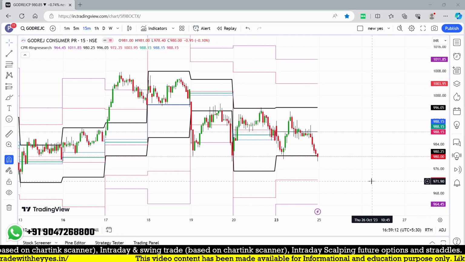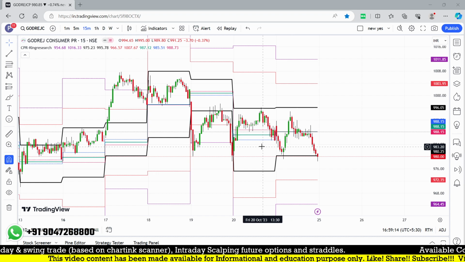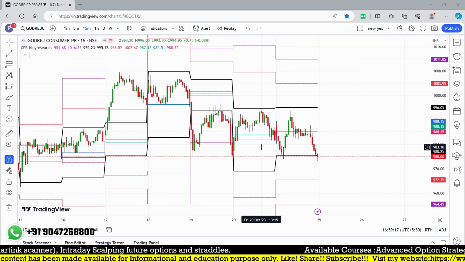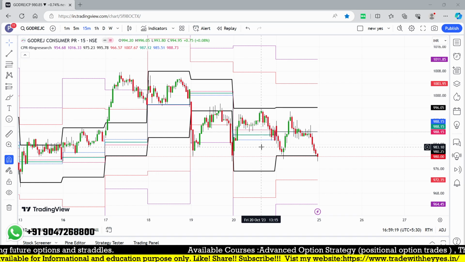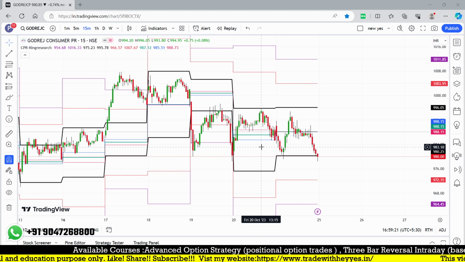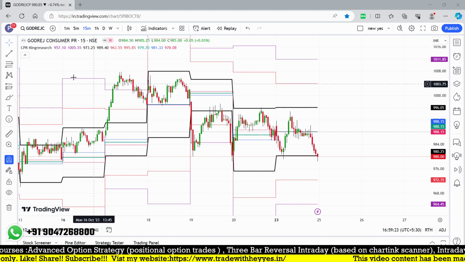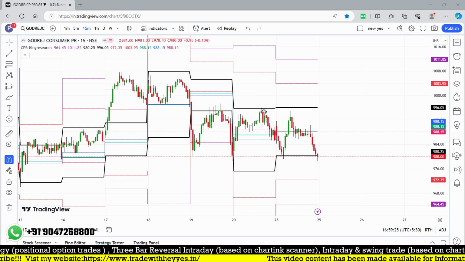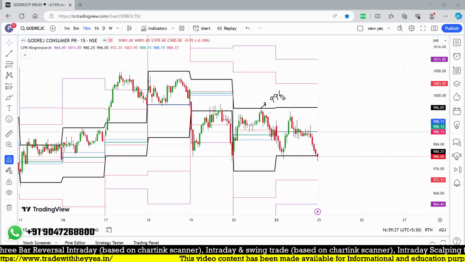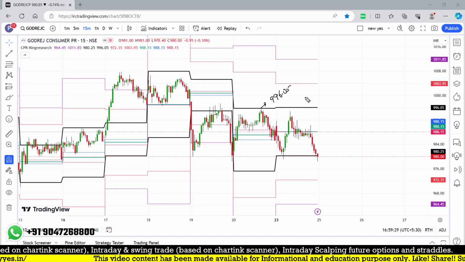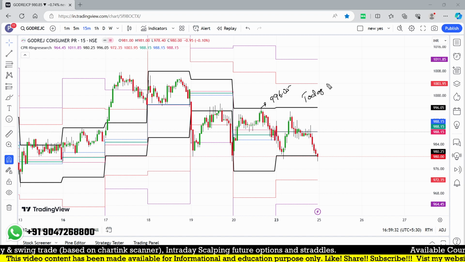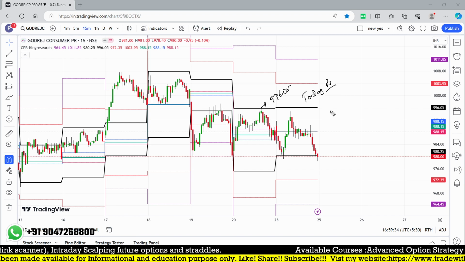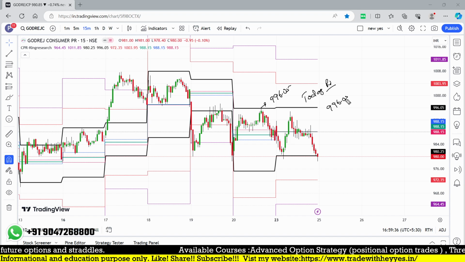And before that, we can look at Godrej Consumer Products. What is the high of yesterday? That is one day ago, 20th October. The high price is 996.05, and today's high is exactly the same, 996.05.